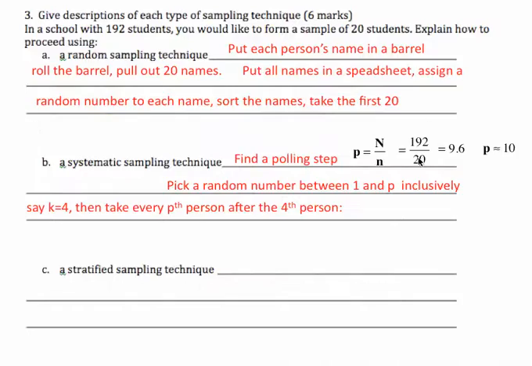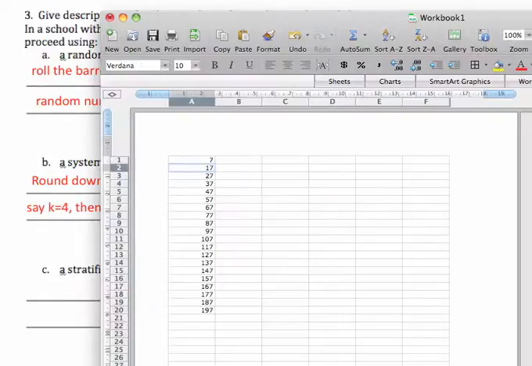So in that case, you have to go back and pick a new P. Your polling step, in this case, I'm going to have to round down. So the 10 is right out, so round down. So P is equal to 9. I'm going to pick a random number between 1 and 9. Let's say I picked 4. Then I'm going to take every person after the 4th person. So let's try that again. If K is 4, I'm going to go up by 9.